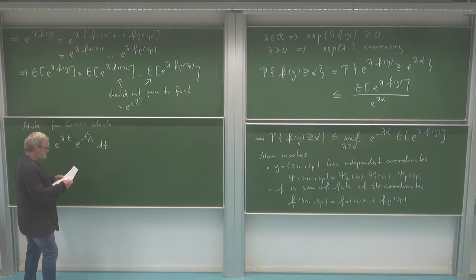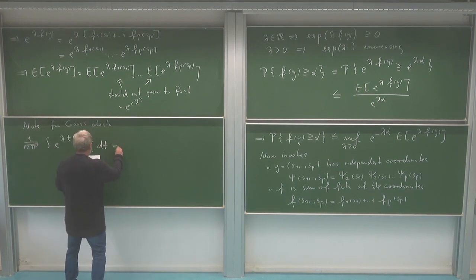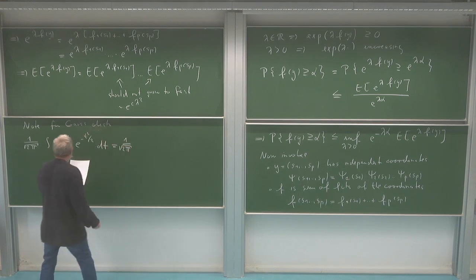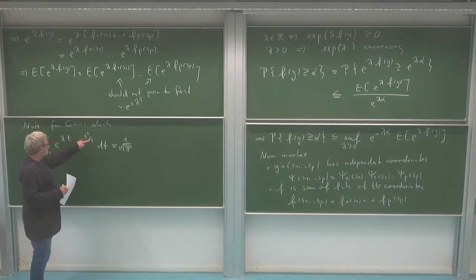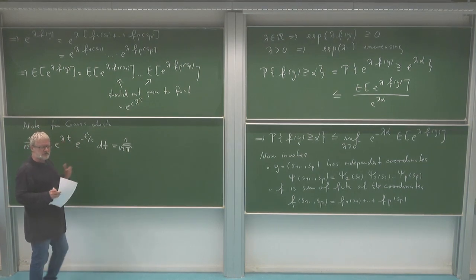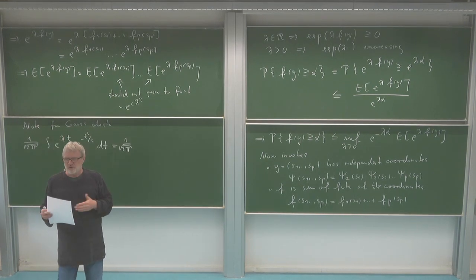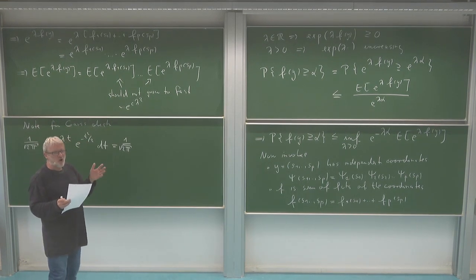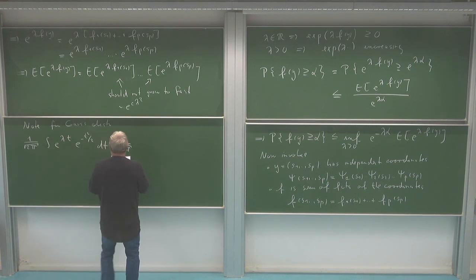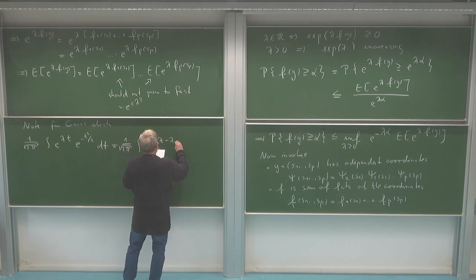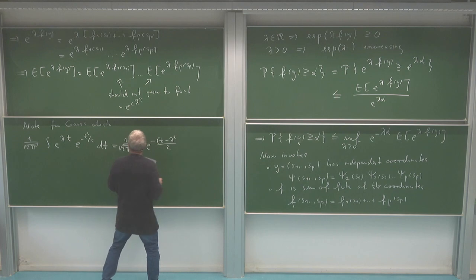And of course, this is something which we can calculate. So namely, what is this? This is 1 over the square root of 2π, and we can integrate this thing over all of R. Here we have a linear term, but we can shift by using the binomial formula. We can write this again as the square of a shifted variable. So I'm writing this as e to the minus (t minus λ) squared divided by 2.